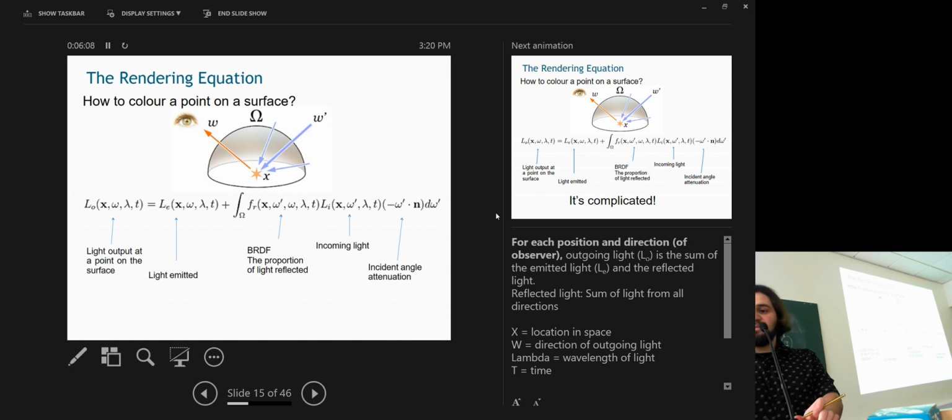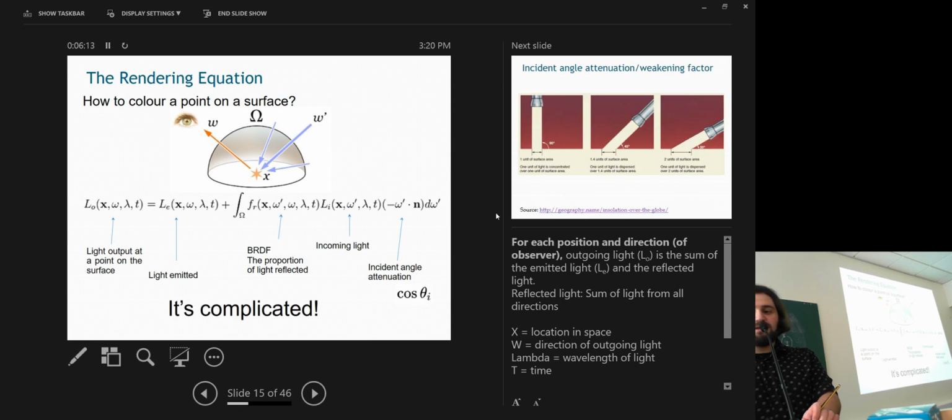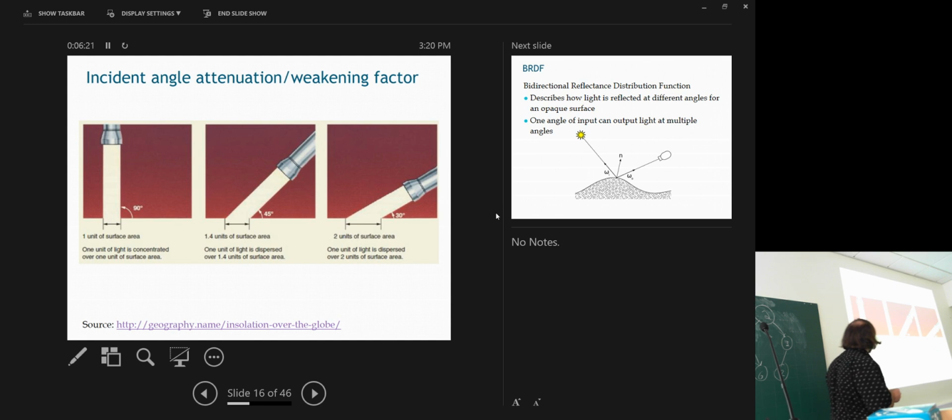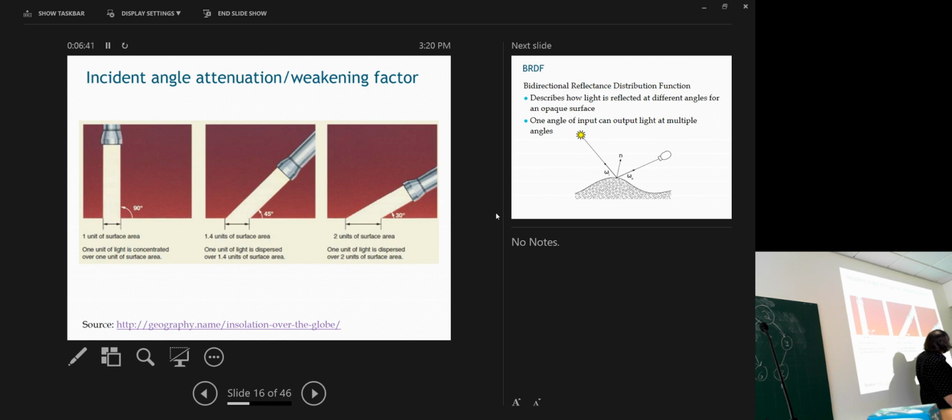And sometimes this weakening parameter is also given by cosine theta, simply just the angle, and n in this case is the surface normal. So if we have a look here, what I mean is that if it's coming from 90 degrees, we have all the energy fixed on this surface area, while if it's 45 degrees, we have some given energy that has to be spread over this area, and if it's a lower angle, it's spread over an even larger area.